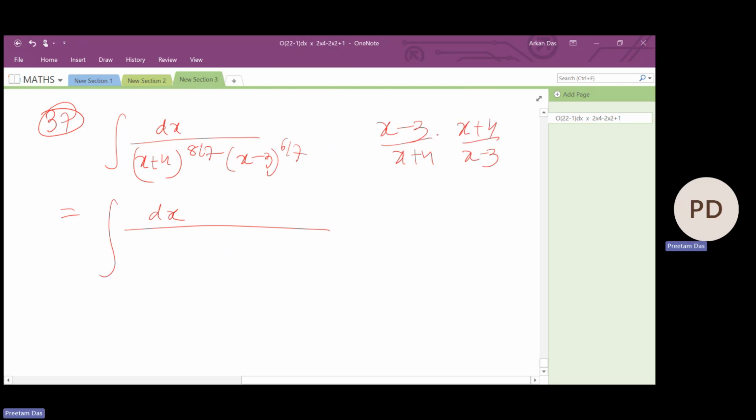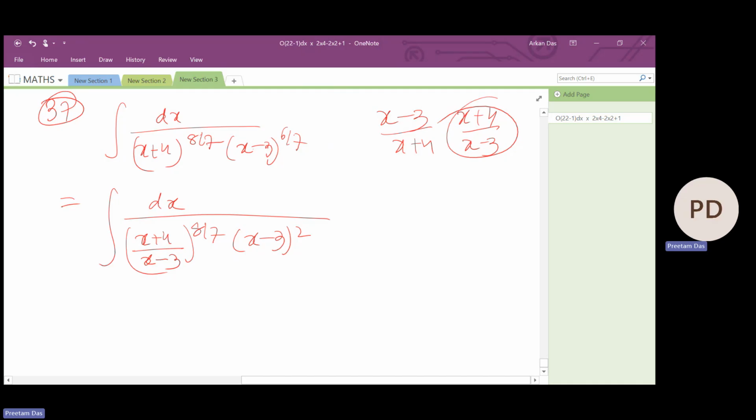Let us consider this. Let us try to create this fraction. So x plus 4 is already there. I need an x minus 3 here, 8 by 7, but that was not there. To balance, you have to again multiply by x minus 3, 8 by 7. And this x minus 3 is 6 by 7. 8 plus 6, 14 by 7, x minus 3 whole square.